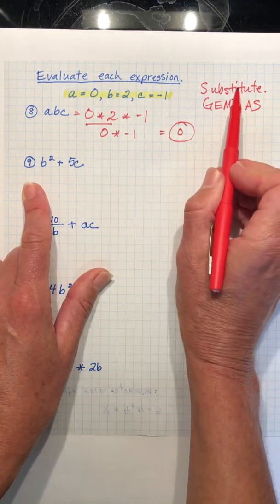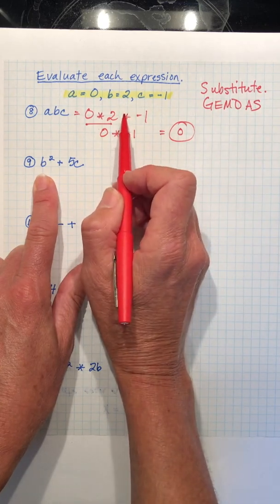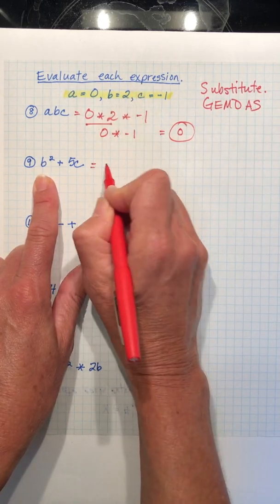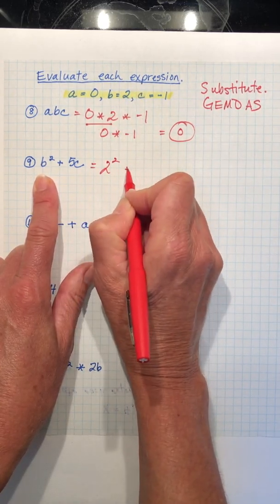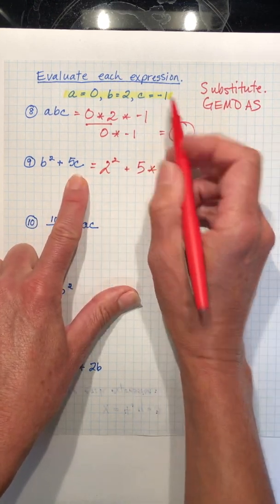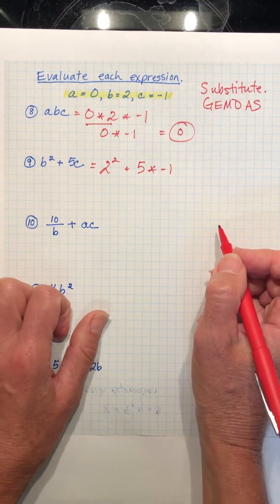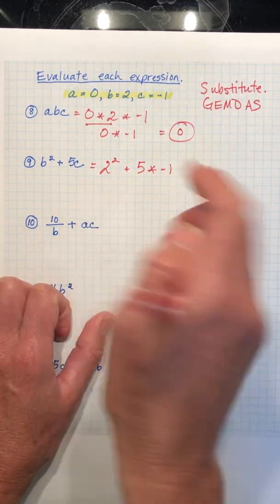So I'm going to substitute first, then do my GEMDAS. So let's see, b is 2, so it's going to be 2 squared plus 5 times c, which is -1. No grouping symbols, but we do have these exponents.